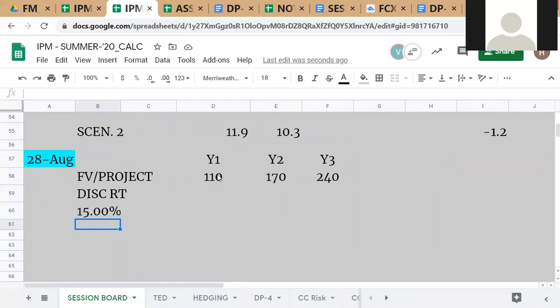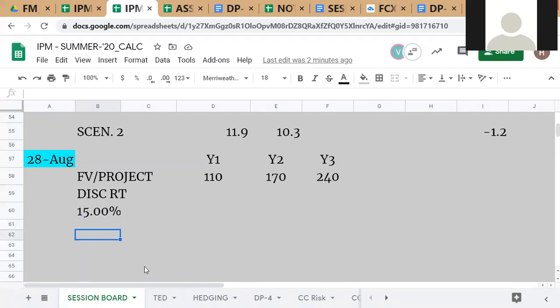So you add up the PVs of the project cash flows, and if you leave out the C0 from the NPV equation, this is basically the fair value of the project. It answers the question of what the true value of this project is. The true value is whatever returns the project can deliver for us, the present value of all the future returns. That's your fair value component of the project.